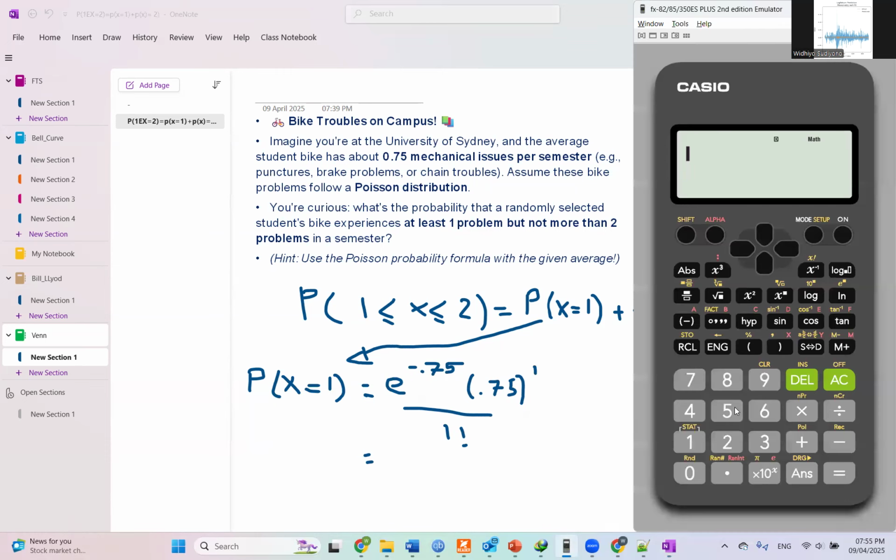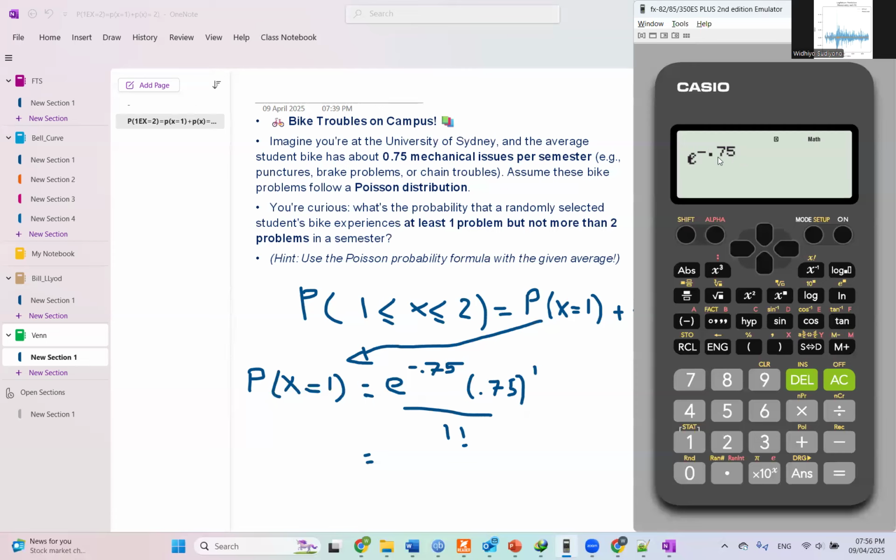Here's the calculator. This is the standard calculator, FX82. Here you need to use e to the power. So press shift and e like this. What's inside here should be minus 0.75. I don't type the 0, however. Then don't forget to press the right button, so it goes to the next operation.